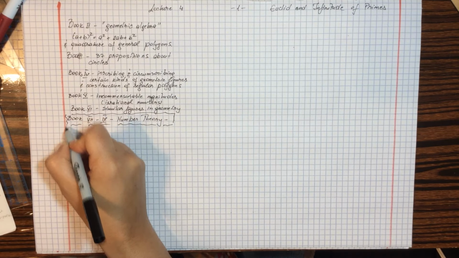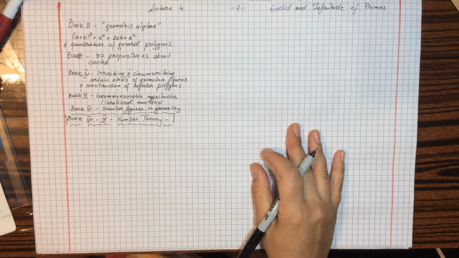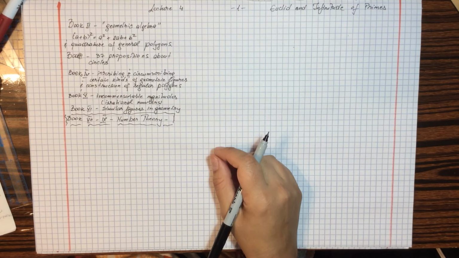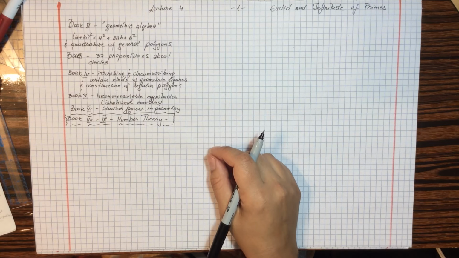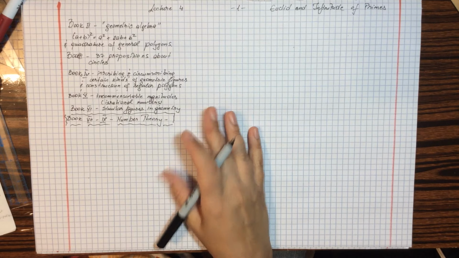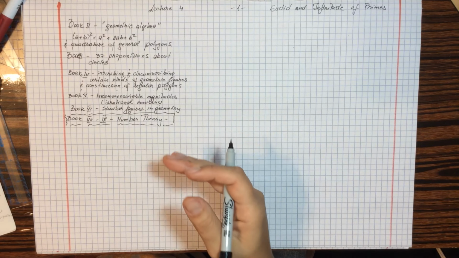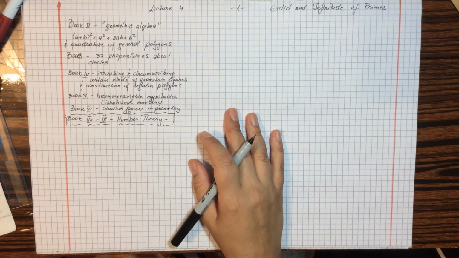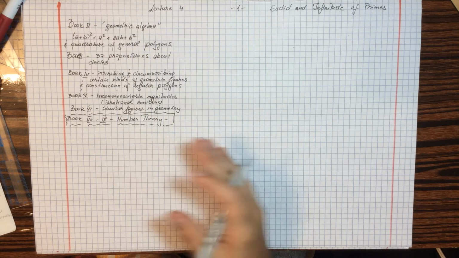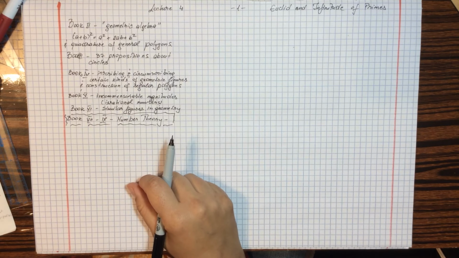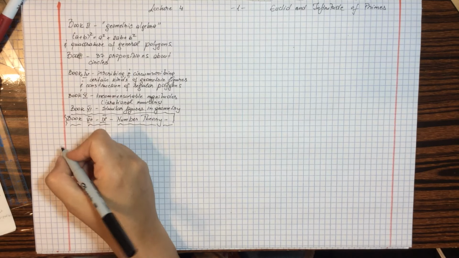So I will start with some very simple definitions, and I'll move on. So what do we mean by an even number? Or rather, how did Euclid define what an even number is? An even number is a number that is divisible into 2 equal parts. Again, that's the definition of Euclid of an even number.